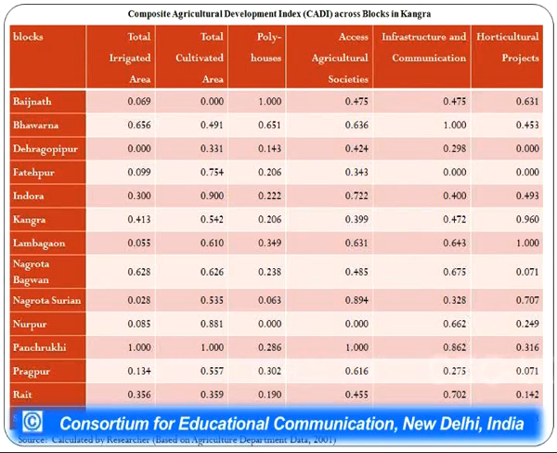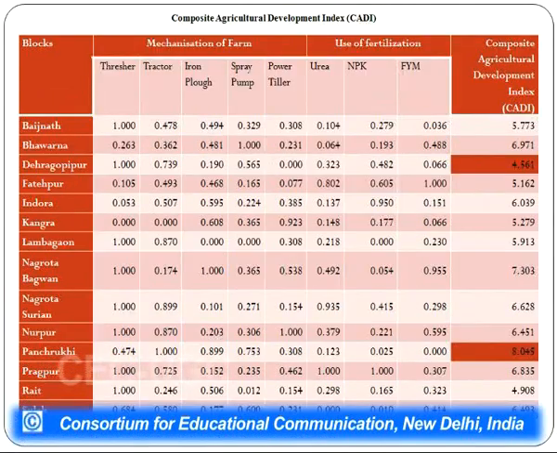Now, you can see the data here, the block wise data: total irrigated area, total cultivated area, poly houses, access to agricultural society, infrastructure and communication, horticultural projects. Different types of data were taken into consideration in order to develop the composite agricultural development index, because such an index is very, very important to bring different types of agricultural innovation in our country.